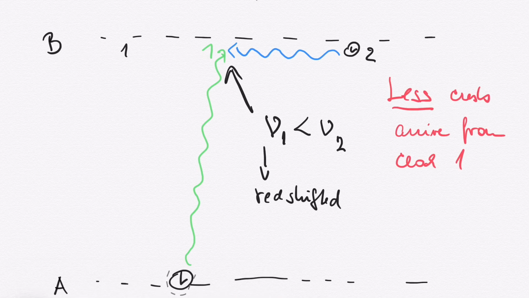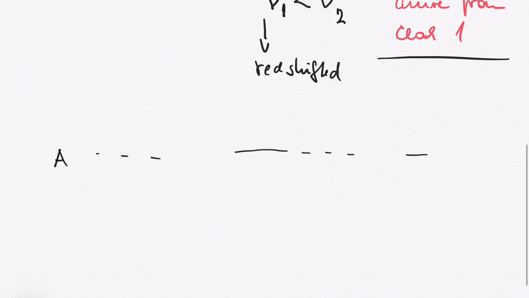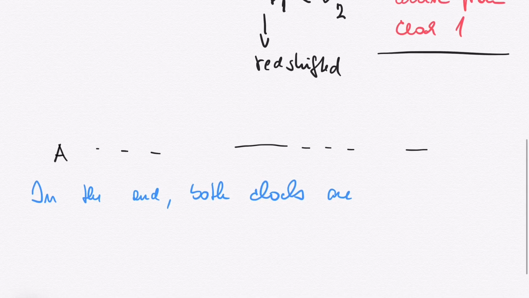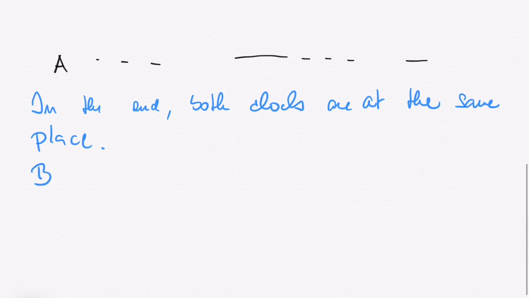Now clock 1 is taken and it returns to the place B, and we can now all together count all the crests arriving from clock 1 and clock 2. There will be fewer crests arriving from clock 1. So clock 1 has lived a shorter time. I mean, there have been fewer crests. The time has been running slower for clock 1.